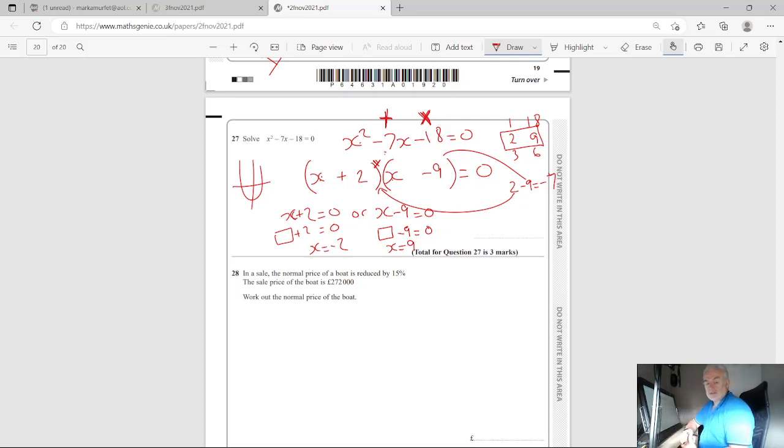Now the way you're looking to do this one is whatever the value of your factor is, you're doing the inverse value for your solution. Okay, all you're doing is moving it across the other side of the equal sign by doing the inverse function. So x equals negative 2 or positive 9. And that's question 27.